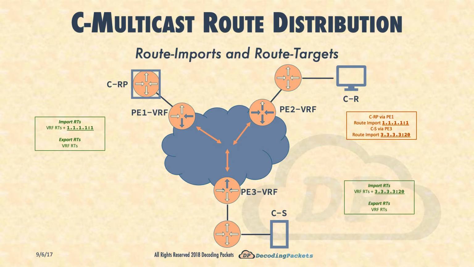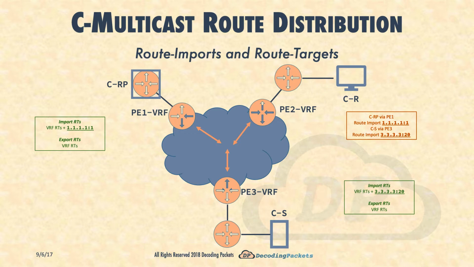So if the previous import route target list was 100:100 for the L3 VPN, that's a full mesh setup if you will, then the route target import list on PE1 would become 100:100 and 1.1.1.1:1, because that's the route import value that PE1 advertised.